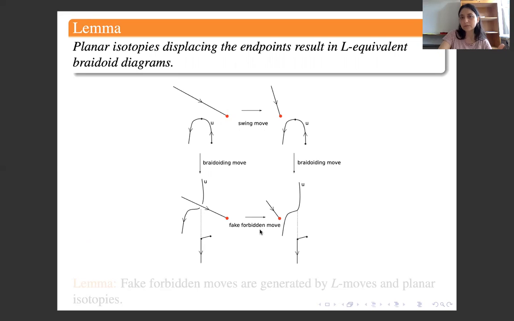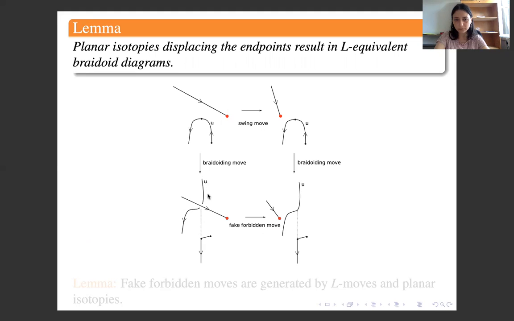But we name such moves fake forbidden moves, because actually if we connect the corresponding ends of the resulting diagrams, we obtain isotopic objects.